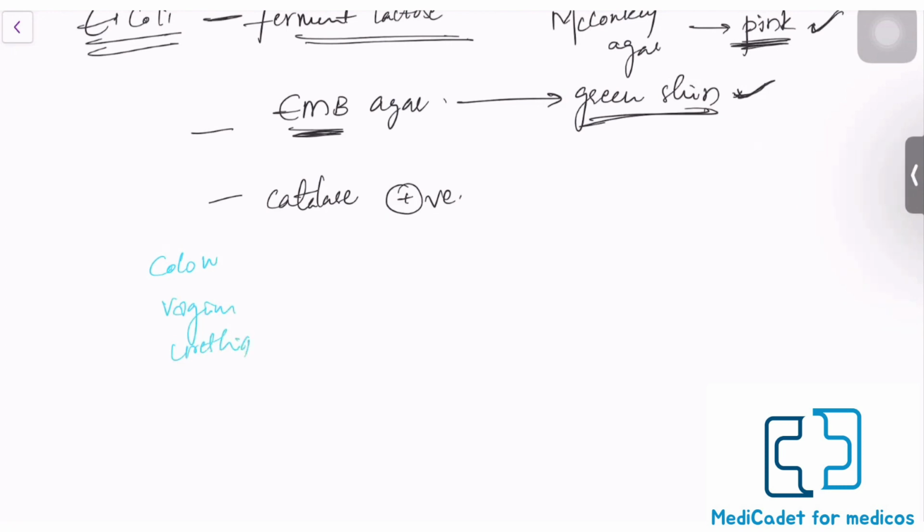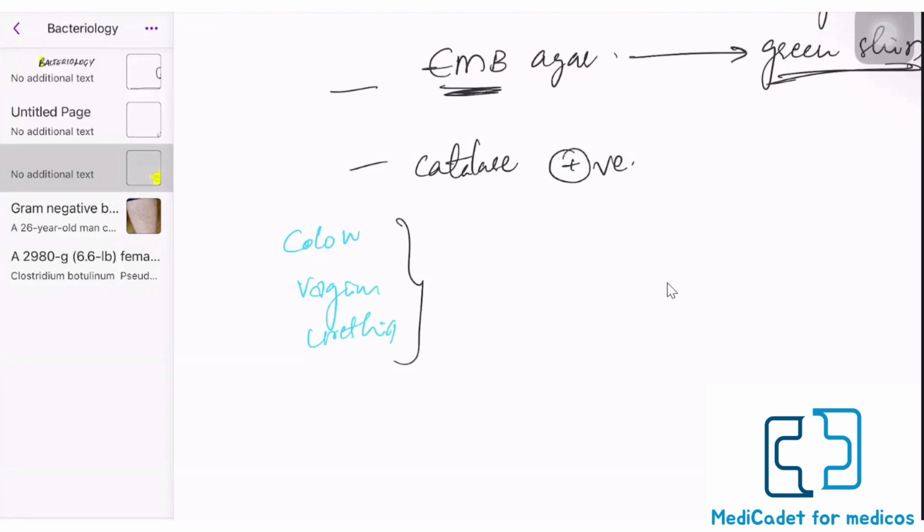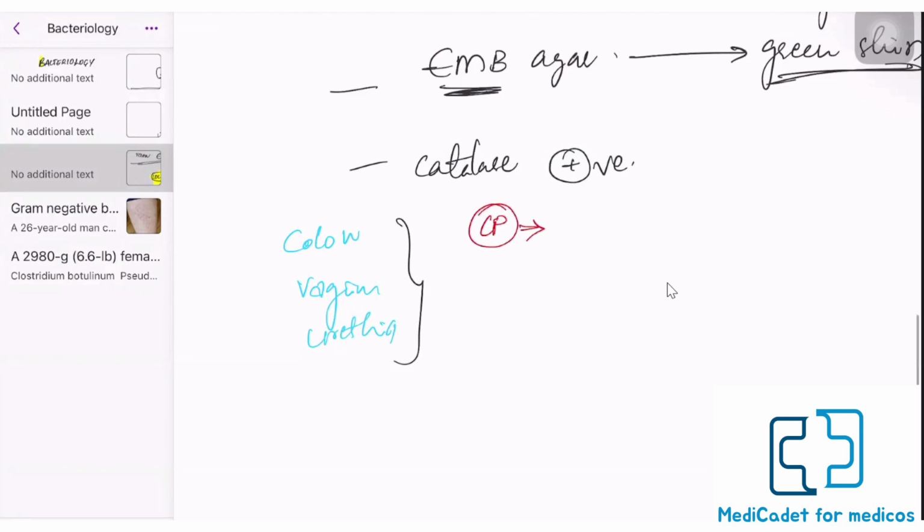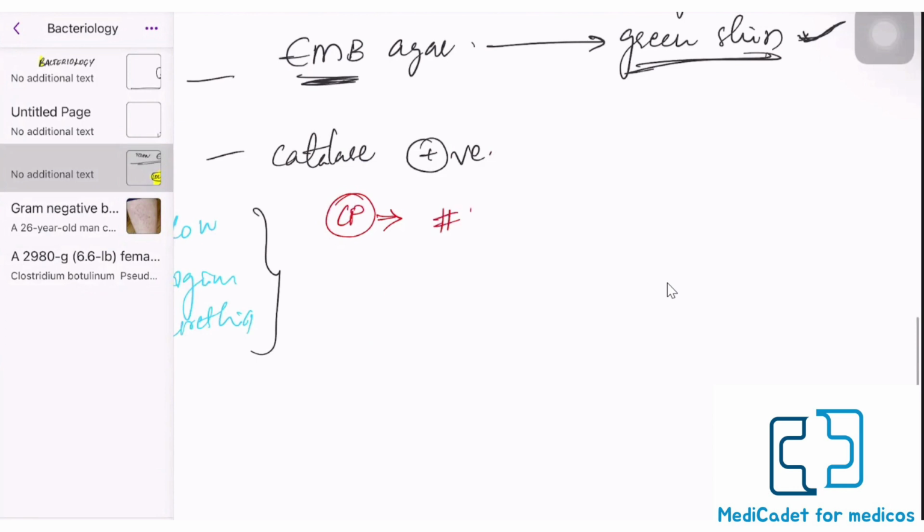So what are the clinical diseases that it can cause? First, it is the primary bug of UTIs. Whenever you see a UTI in a female, generally the first thing would be E. coli, unless they give you a specific risk factor for any other bug.